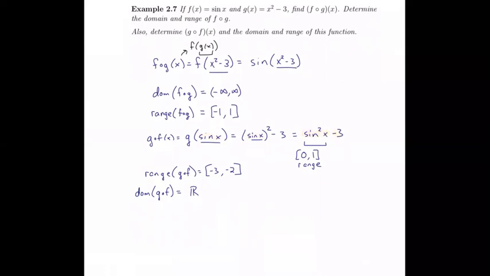Okay, what's the domain of this function? Well, we can plug anything we like into sine of x, and squaring it doesn't change that fact. So sine squared of x has domain all real numbers. Minus 3 doesn't change any of that either.